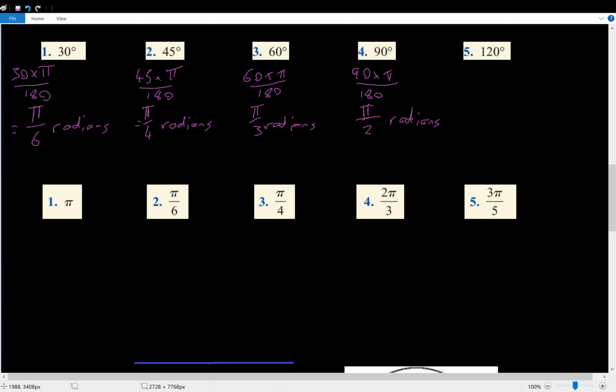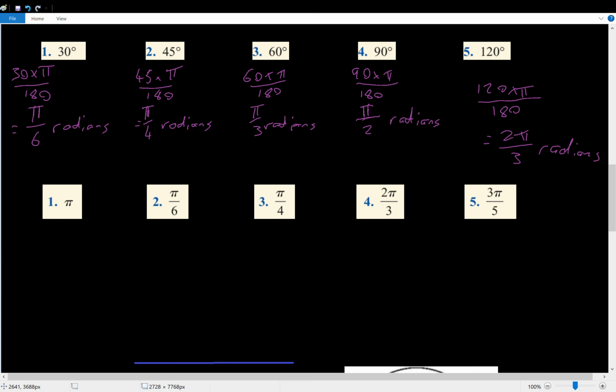And for the last one, it's going to be 120 times pi over 180. 120 over 180 is 2/3, so for this one, we get 2 pi over 3 radians, like that. So that's a selection of angles converted from degrees to radians.